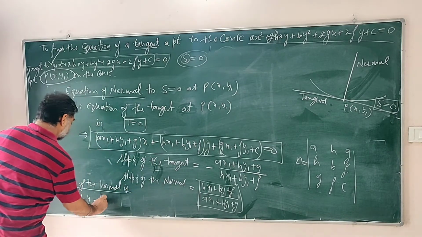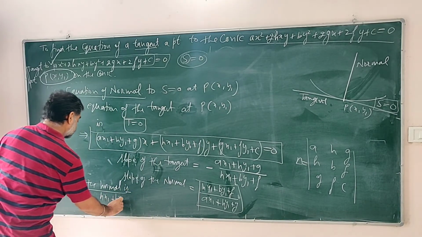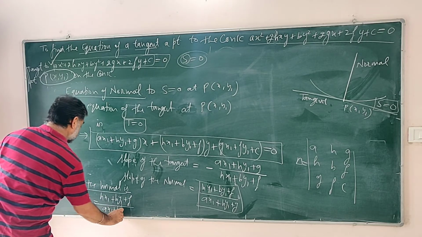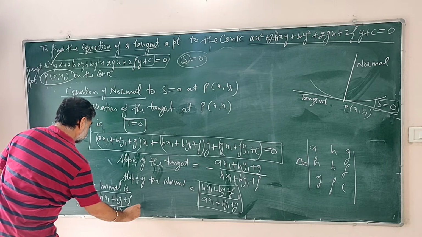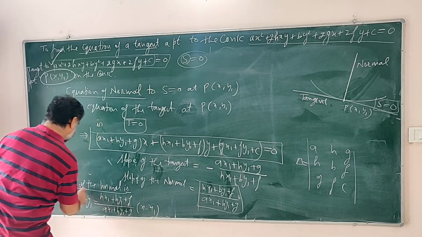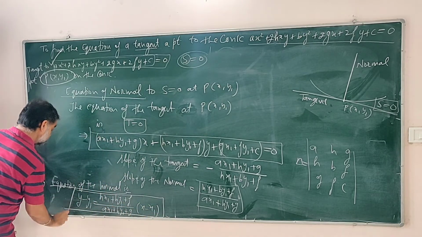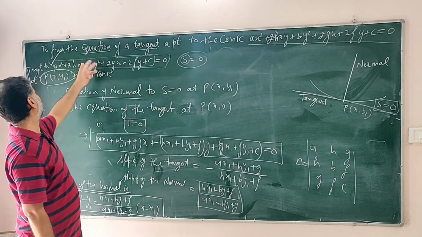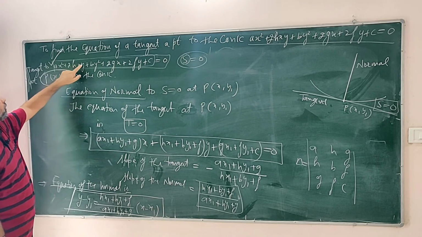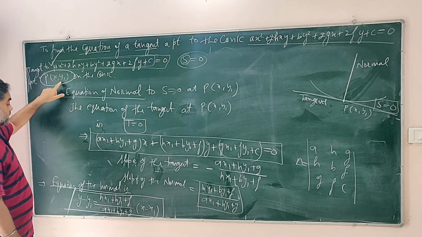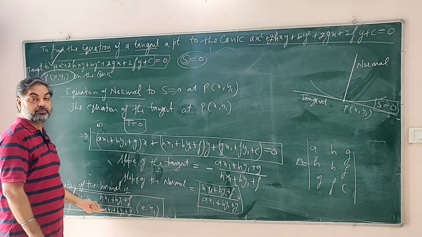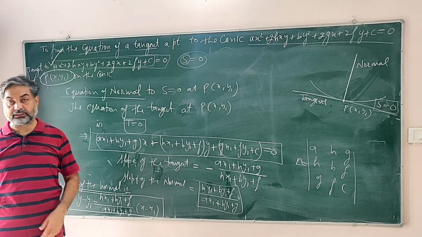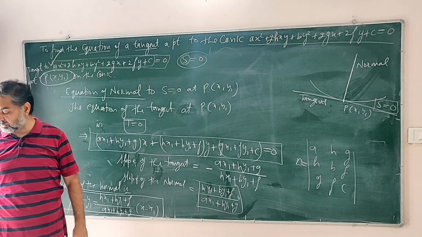The slope is this, (hx1 + by1 + f)/(ax1 + hy1 + g), into x minus x1. So this is the equation of the normal to this conic at the point x1, y1. So this is how you can find the equation of the tangent and the equation of the normal.